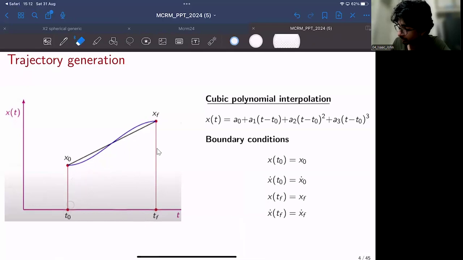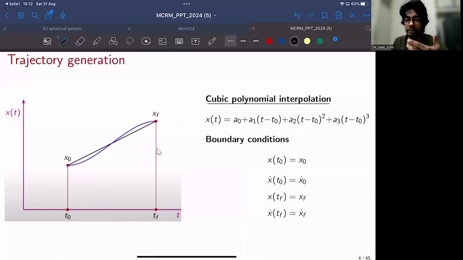That's how acceleration is going to look. So you won't get any unexpected jumps or jerks, and in that regard it's much smoother. So you can basically define a cubic polynomial like this.